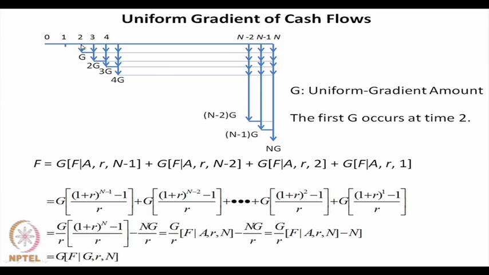At the end of the second year, I am assuming that there is a cash outflow of the amount g. At the end of the third year, I am assuming it is 2 g. At the end of the fourth year, it is 3 g, and like this it continues up to the nth year.